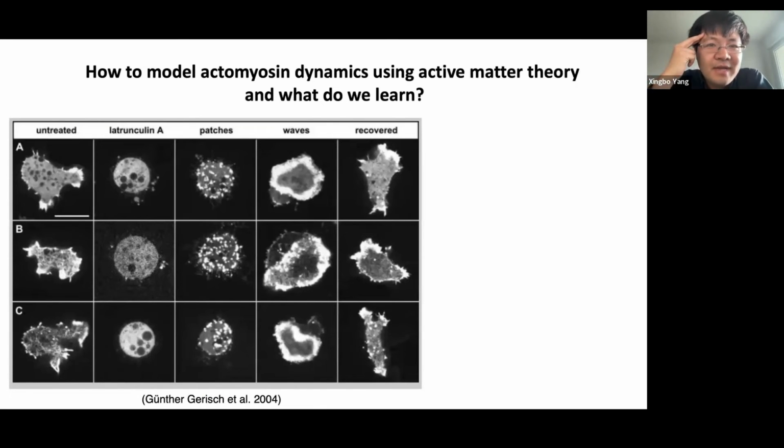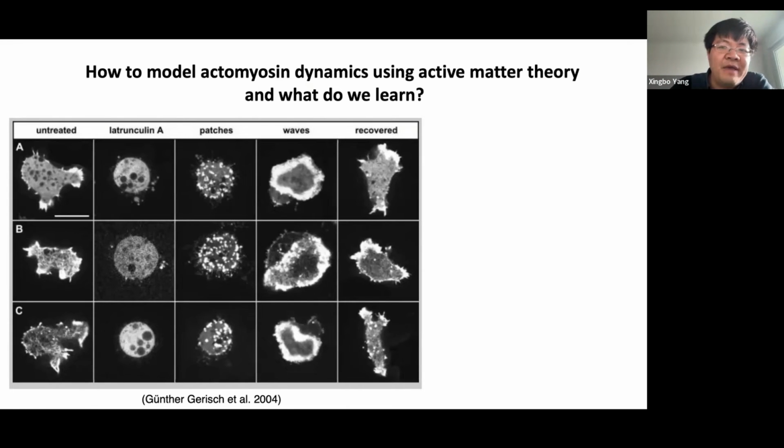All right, so now I will show two case studies. One is for actomyosin networks in the dicty, motivated by this very elaborate pattern formation, where if you depolymerize all the actin networks, they repolymerize and form spots and patches, and then they become waves. So you can speculate, would there be any order phase transitions here as density grows?